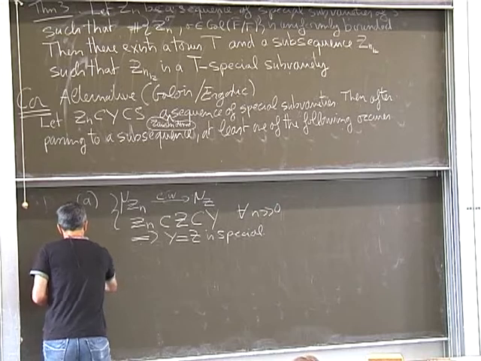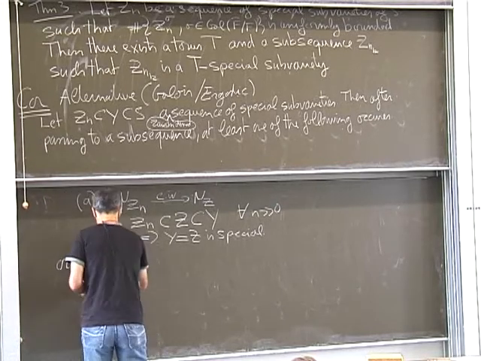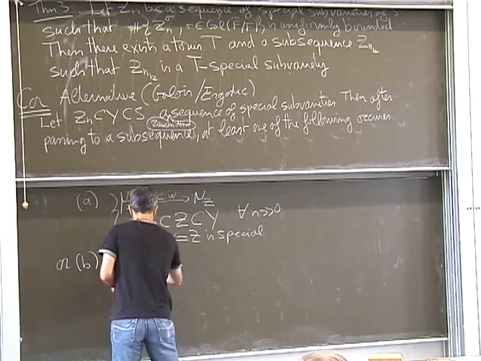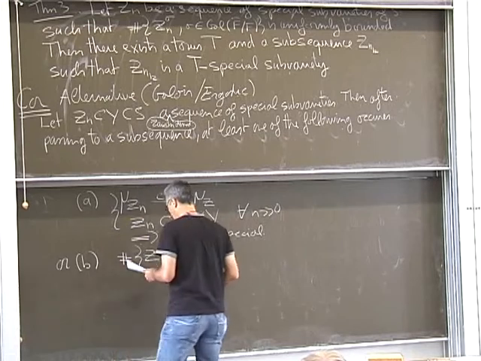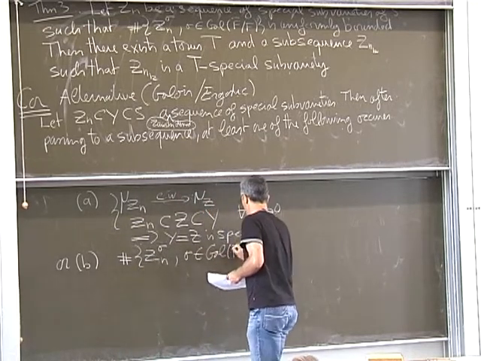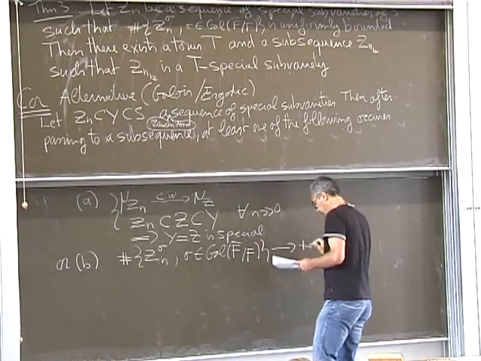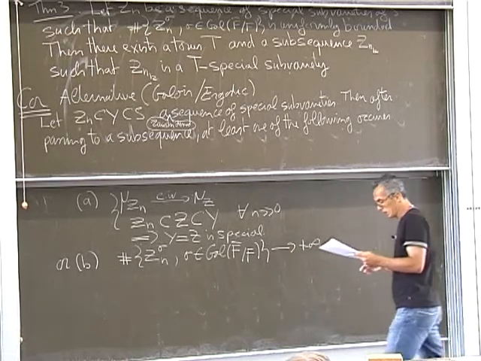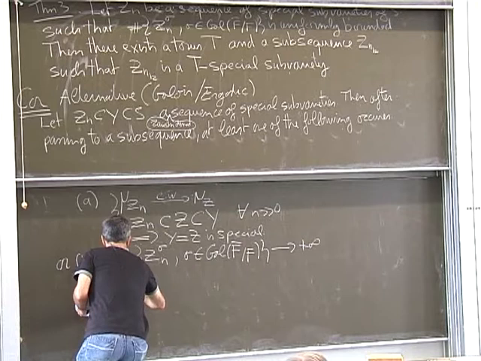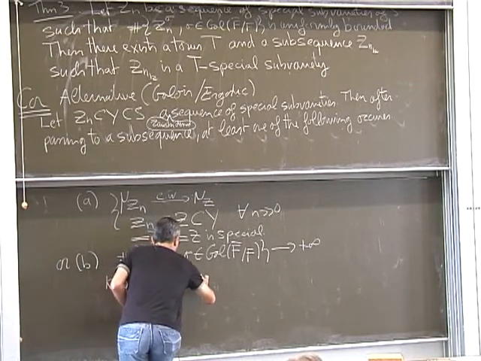And the other possibility is that the cardinality of the set of the Galois conjugates tends to plus infinity, and then starts the work of Klingler and Yafaev.